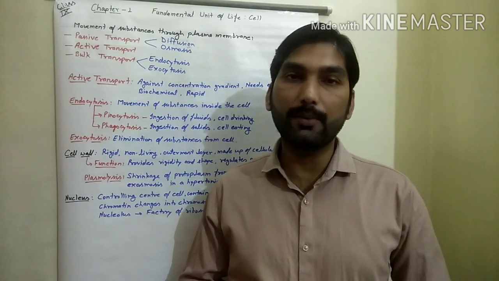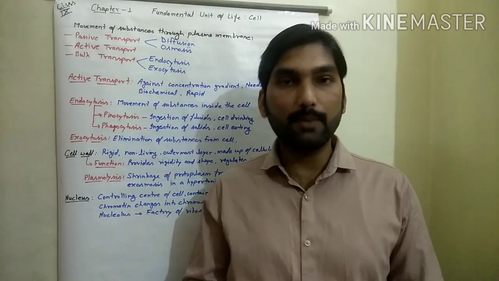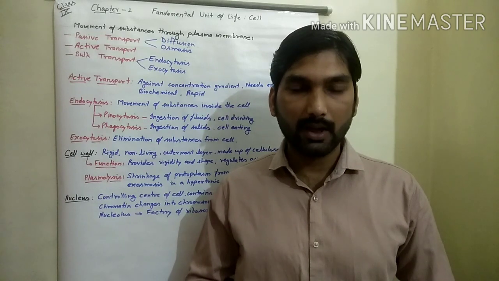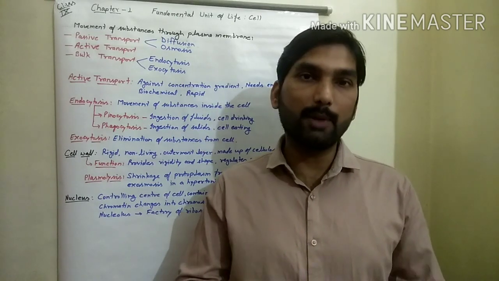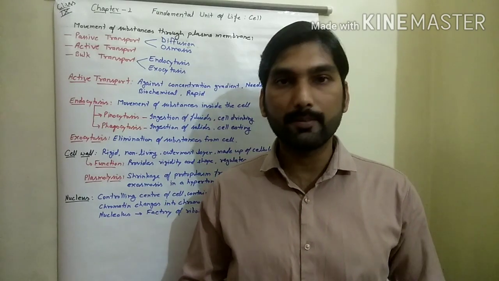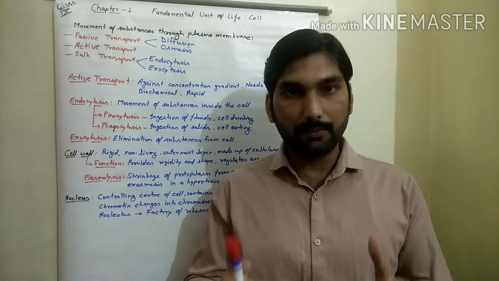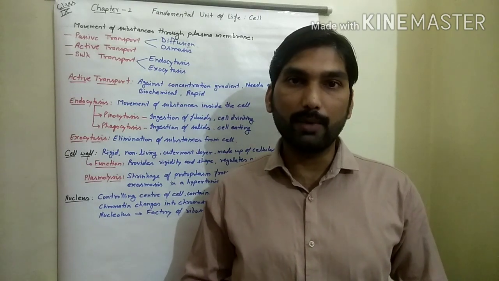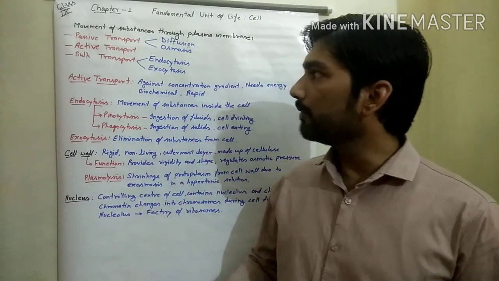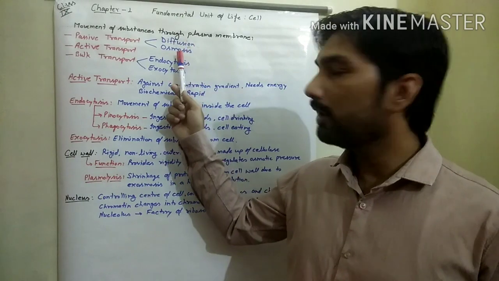So this is the third video from the chapter Fundamental Unit of Life: Cell, and in my previous video we have completed the three basic features of a typical cell along with the structure of cell membrane, the fluid mosaic model proposed by Singer and Nicholson to explain the structure of cell membrane, and also the functions of cell membrane along with how the materials transport in and out of the cell, in which we have studied passive transport methods, diffusion and osmosis.